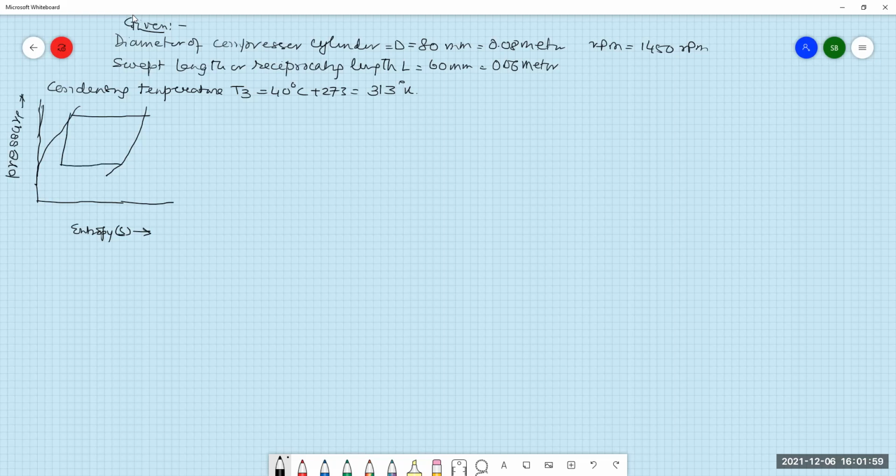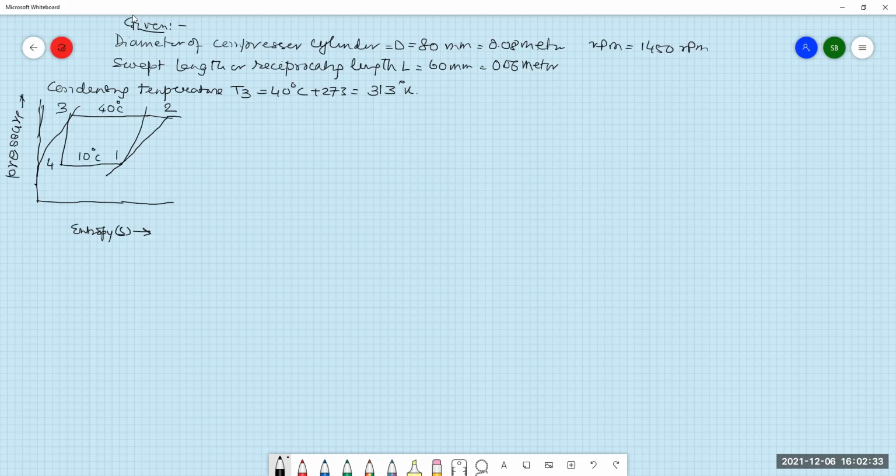Points 1 and 2 are in the superheated region, and then 3, 4, 2, 1. The temperature here is given as 40 degrees centigrade, and at the initial coordinate it was given as 10 degrees centigrade.